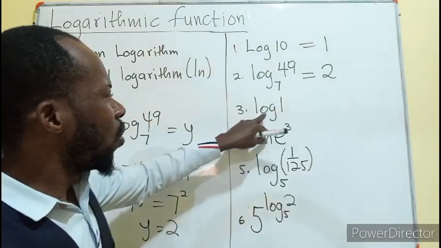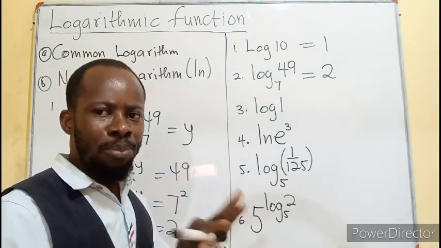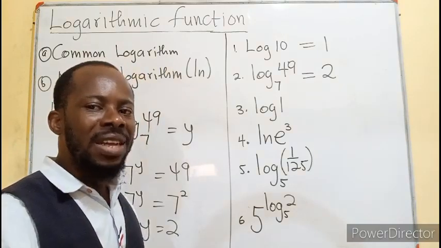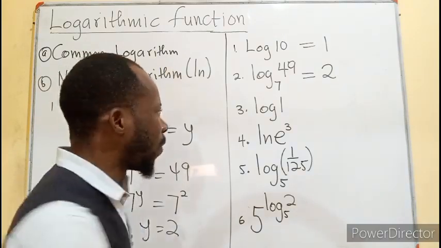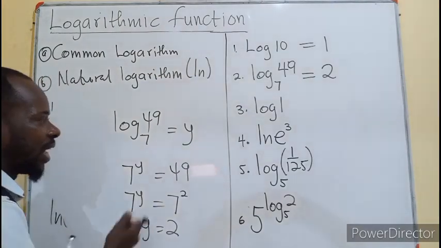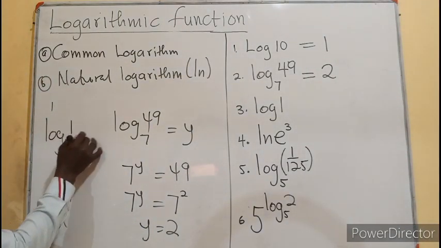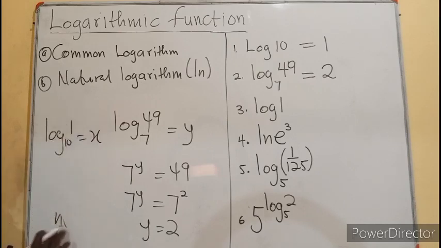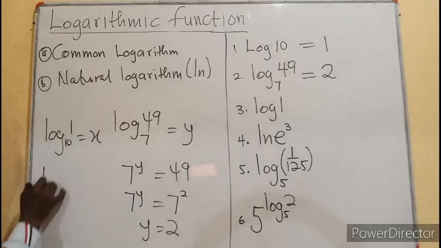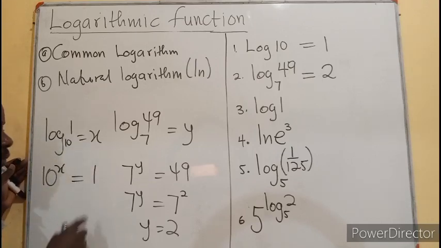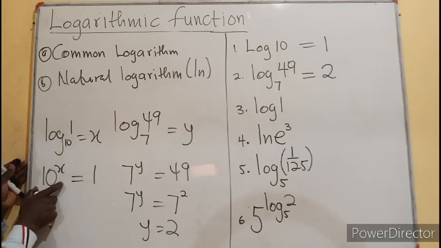Then we have logarithm of 1. The base is also silent. What do you think it will be? It means log 1 base 10. Following the same approach we did here, it could be the logarithm of 1 base 10 equals x. So now 10 exponent x equals 1. How can we get 1 when we are having a power?